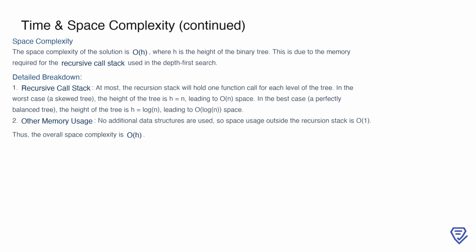On the other hand, in the best-case scenario of a perfectly balanced binary tree, the height is logarithmic in terms of the number of nodes, or O(log n). Beyond the stack space, no additional data structures are used, which means the remaining space usage is constant, or O(1). Therefore, the overall space complexity is determined by the height of the tree, O(h).